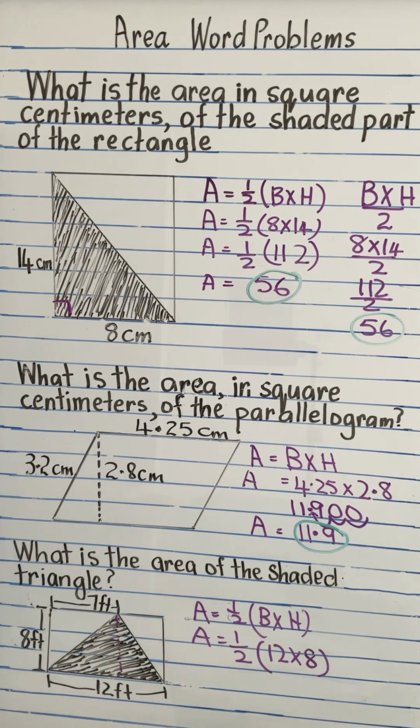Area equals half times 12 times 8. 12 times 8 is 96. So it's half of 96, and half of 96 is 48.